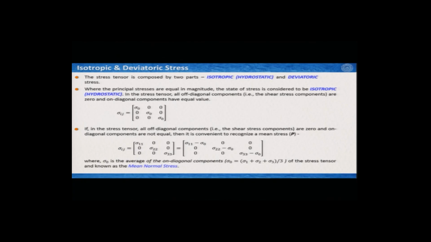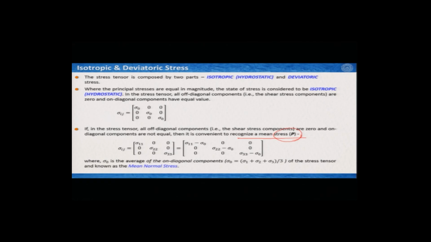that have similar magnitude. Now, if in the stress tensor all off diagonal components, that means the shear stress components, are 0 and the on diagonal components are not equal, that means you do not have any shear stress acting, but your sigma 1, sigma 2 and sigma 3 are not equal to each other, then you can get something called mean stress.